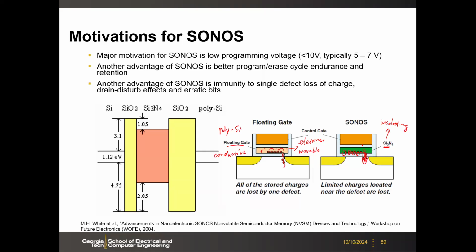Unlike the polysilicon, silicon is still kind of conductive compared to the silicon nitride in terms of band gap and so on. So with silicon nitride, you will have limited charge loss. So there are some advantages like that.